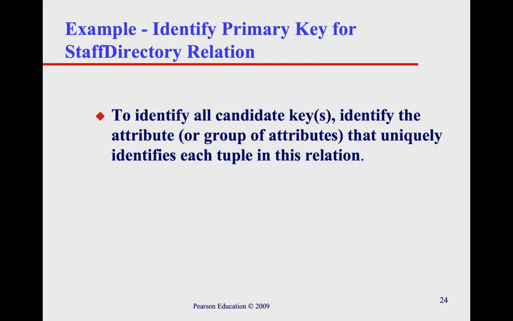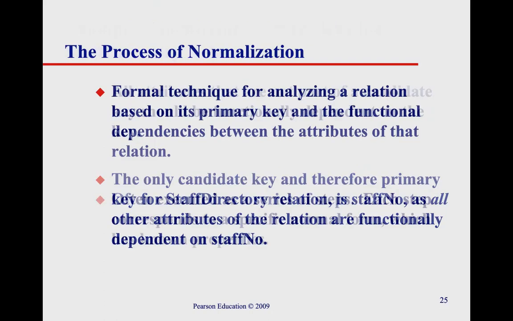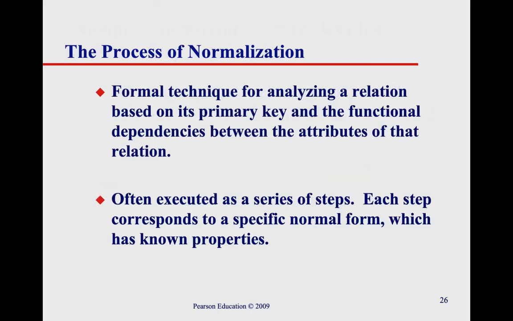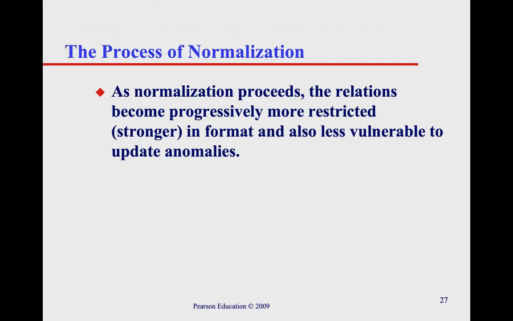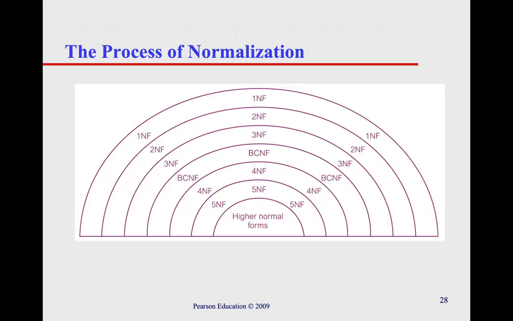Finally, where we left off was with the process of normalization. Normalization is going to take us through a number of steps where the relations become progressively more restricted and less vulnerable to update anomalies. As you can see here, we start at first normal form, which is the least restrictive, going up to fifth normal form, which is the most restrictive.